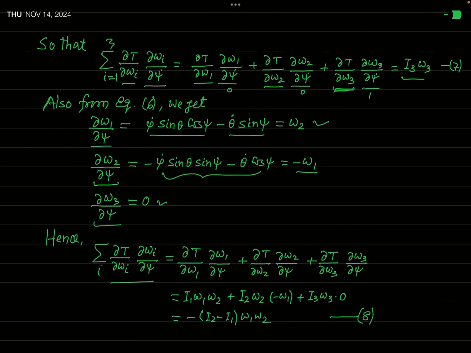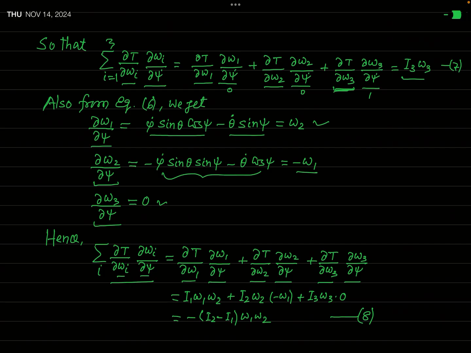Now you know summation over i del T by del omega i times del omega i by del psi, when it is expanded, will be del T by del omega 1 times del omega 1 by del psi plus del T by del omega 2 times del omega 2 by del psi plus del T by del omega 3 times del omega 3 by del psi.